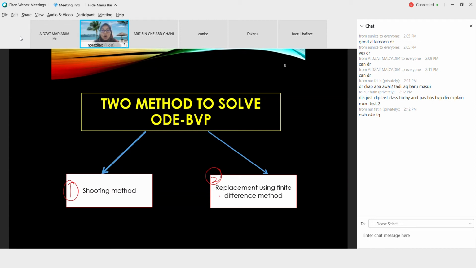This is from topic 6, the finite difference approximation topic. So you need to be familiar with it. This skill you must carry on until BVP. We need to see how shooting and finite difference solve the BVP problem.